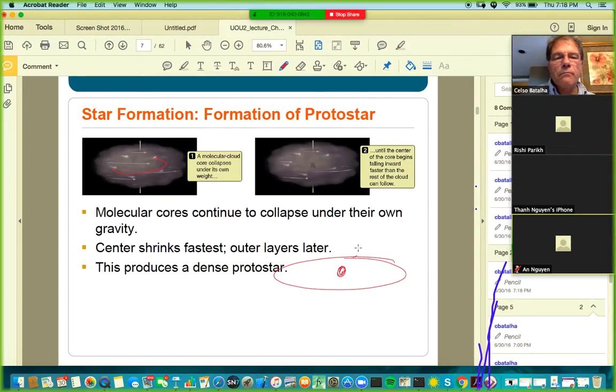This is basically the standard model that we have today, and you apply this idea and support it not only in our solar system but also in other star systems.